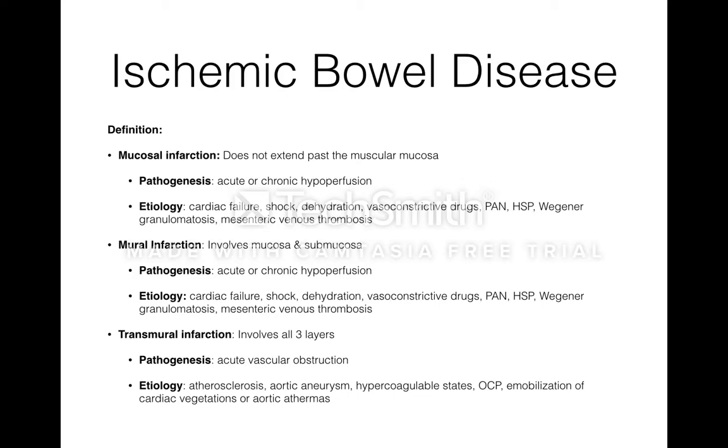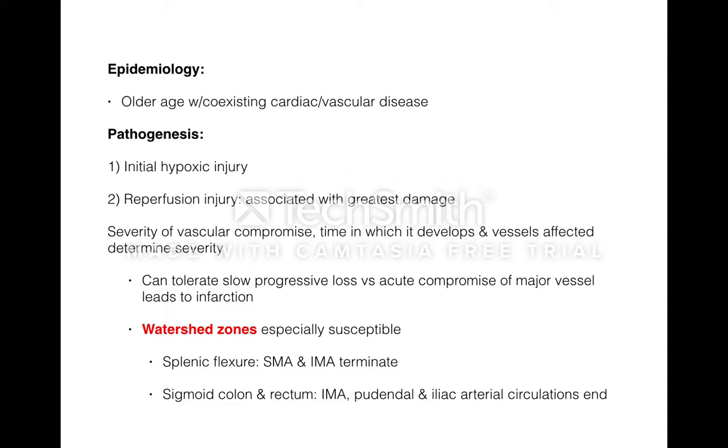Transmural infarction will involve all three layers and tends to be from acute vascular obstruction that results from either atherosclerosis, an aortic aneurysm, hypercoagulable states, oral contraceptive use, immobilization, or embolization of cardiac vegetations or aortic atheromas. In terms of epidemiology, ischemic bowel disease occurs in older people with coexisting cardiac or vascular disease.